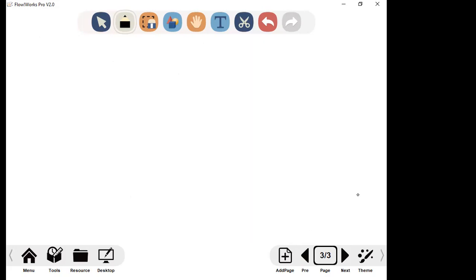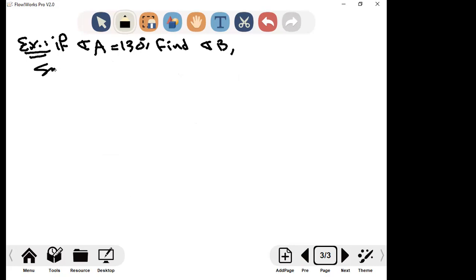Right. Now, these are the 2 definitions which we took, and let's go to our book. Before our book, I'll give you an extra example. For example, if angle A is 130 degrees, find angle B such that angle A and B are supplementary.